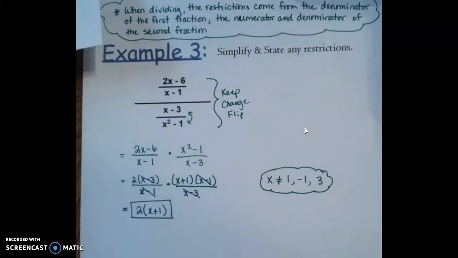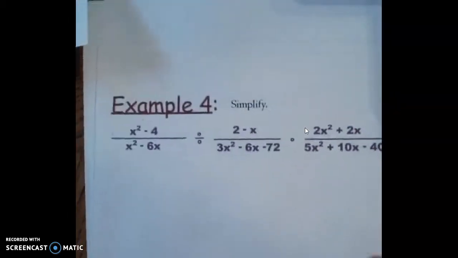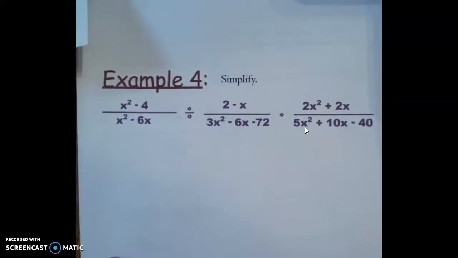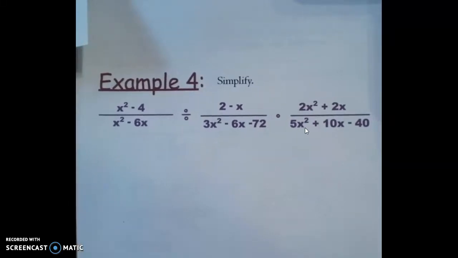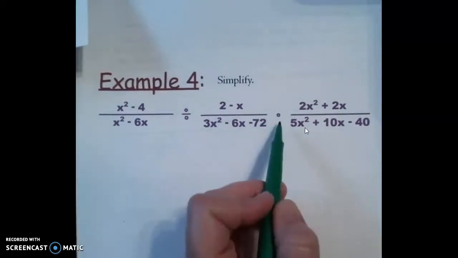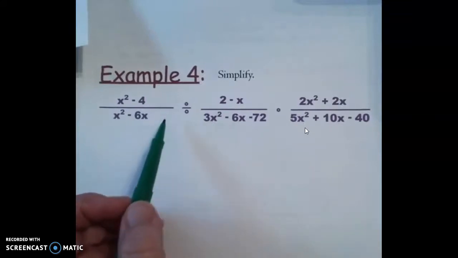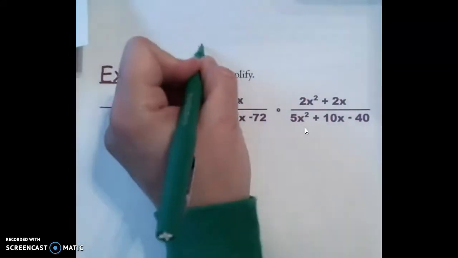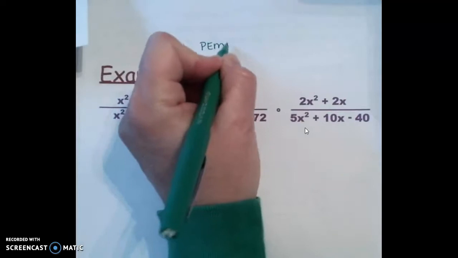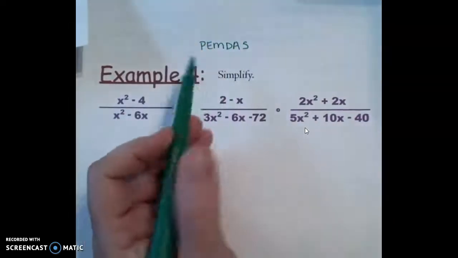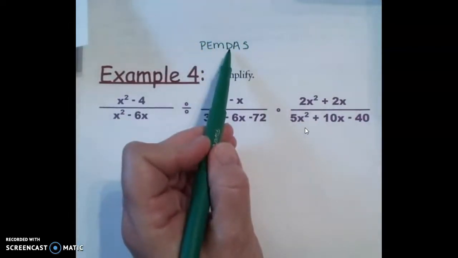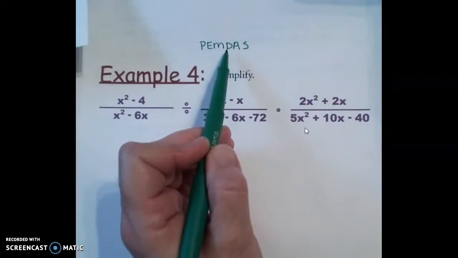Okay, so now let's go to example 4. And we have a lot going on in example 4. So if you look, we have division and then multiplication. So multi-step, you want to follow the rules of PEMDAS. So if you think about PEMDAS, we are going to multiply or divide left to right, whichever comes first.